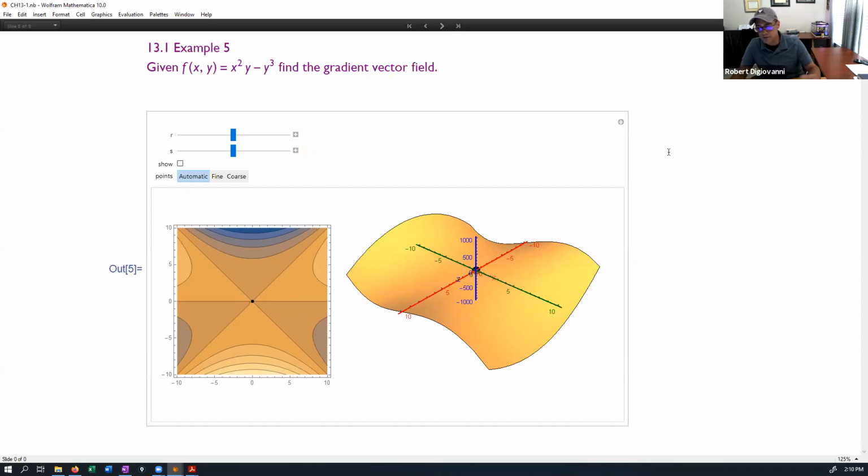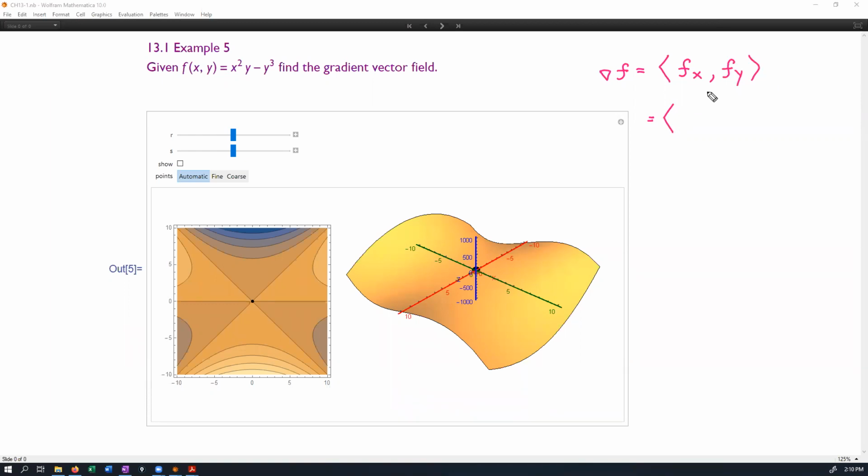So the gradient vector field means that we want to find the gradient of f, which should be the partial of f with respect to x, and then the partial of f with respect to y. And that would be, what's partial of f with respect to x?